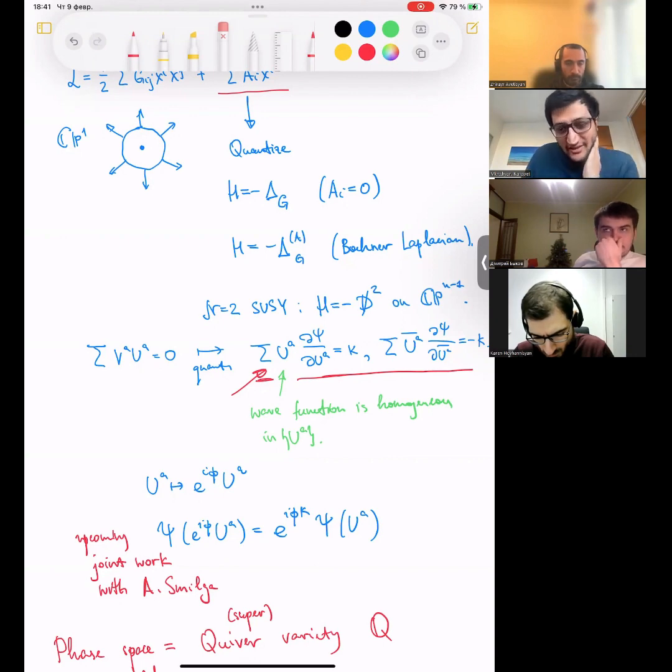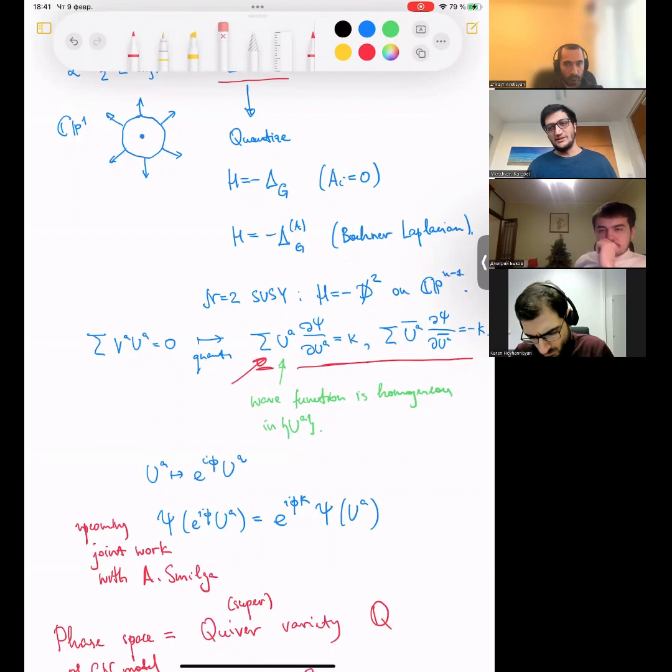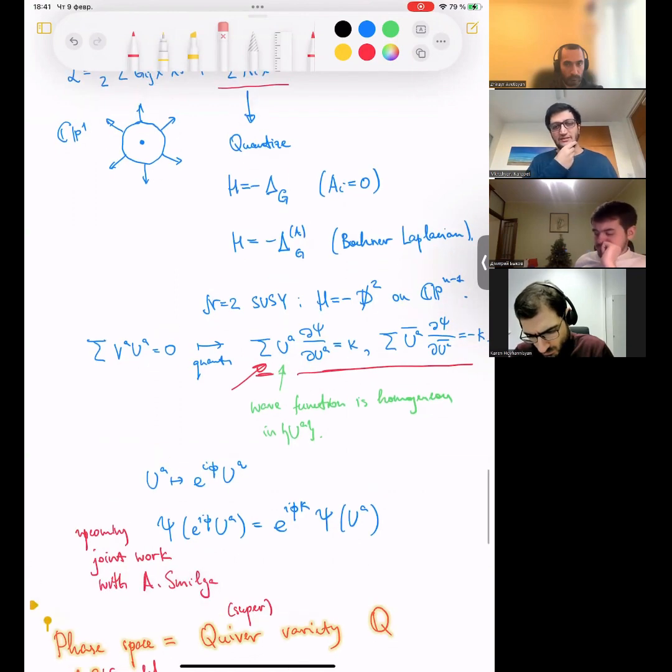Also, taking this constraint with some number, not zero, in general would be something very similar. From physics, I guess you can interpret it as a monopole or whatever, but from this higher spin algebra perspective, this is just modifying your Moyal star product.